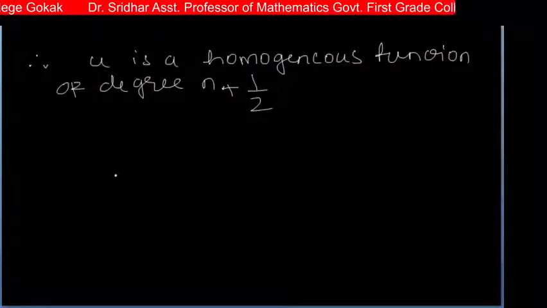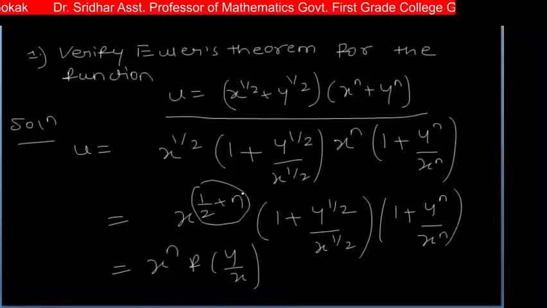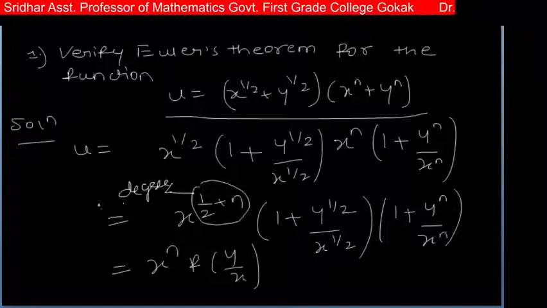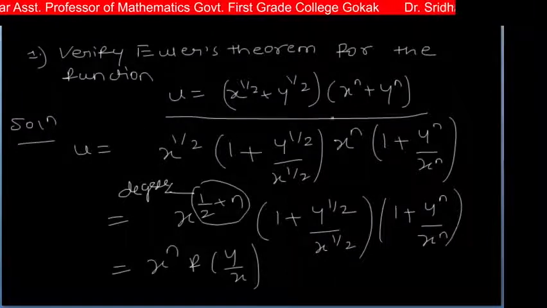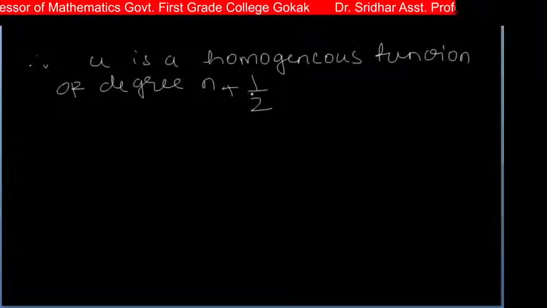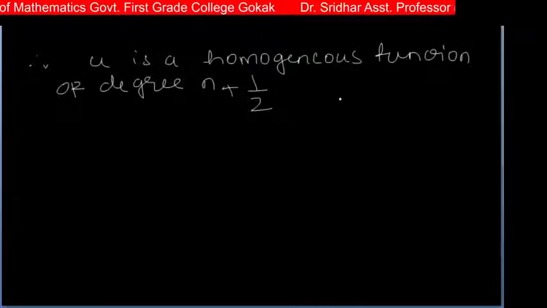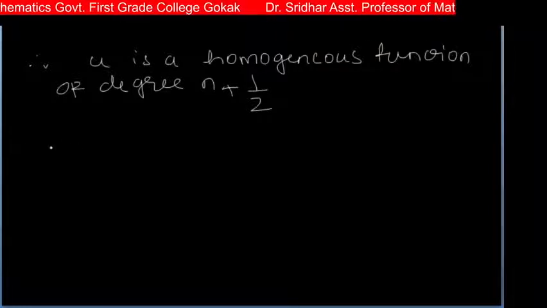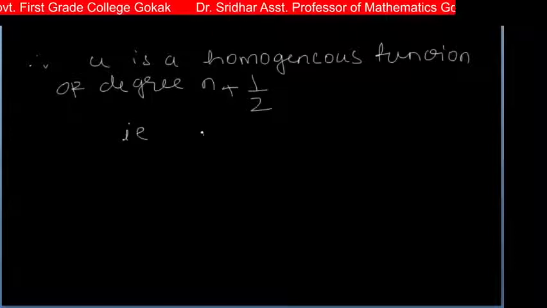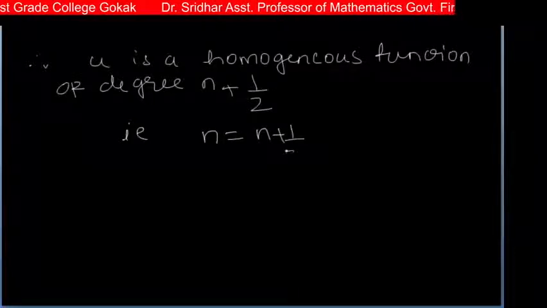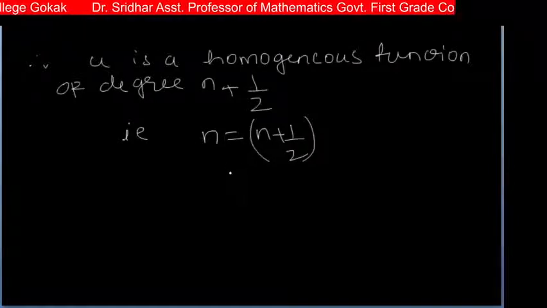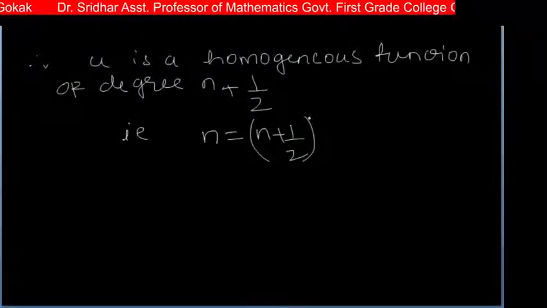So u is a homogeneous function of degree n plus 1 by 2. Now n is equal to n plus 1 by 2 we write, that is, n is the degree of the homogeneous function.